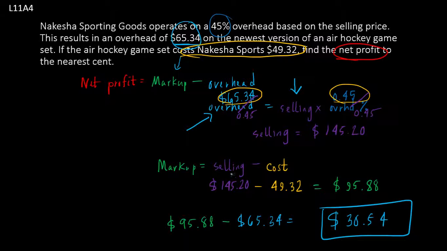So keep in mind that even if an equation doesn't explicitly say selling price equals blah, blah, blah, you still might be able to manipulate an equation to solve for a variable, even if it's not the obvious variable that the equation is solving for in the first place. So always write out as many equations as you think necessary. In fact, you might just write out all the equations from the lesson that day. It's better to have extra information than not enough information.